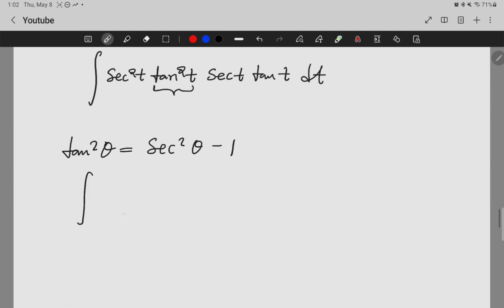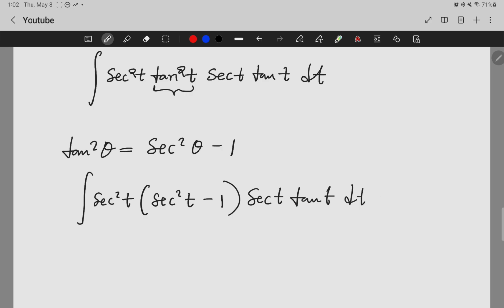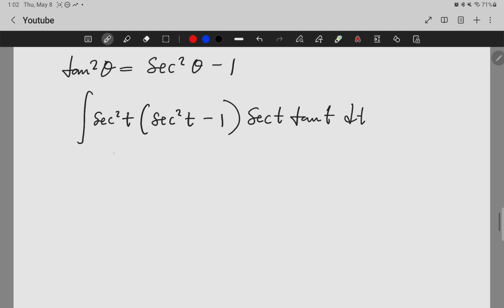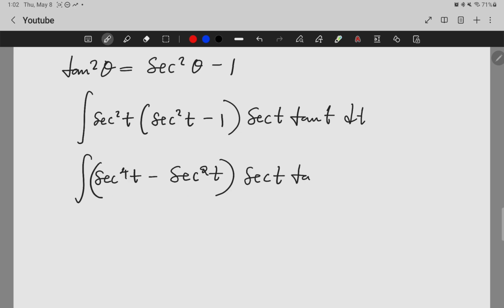So based on that, we make the substitution so that now we have sec squared t multiplying sec squared t minus 1, and then this side has sec t tan t dt. Once we're here, we can proceed. You can distribute, but you can still proceed from here. If you distribute, of course, this is going to be sec to the power 4t minus sec squared t, and then this side, you still have sec t tan t dt.